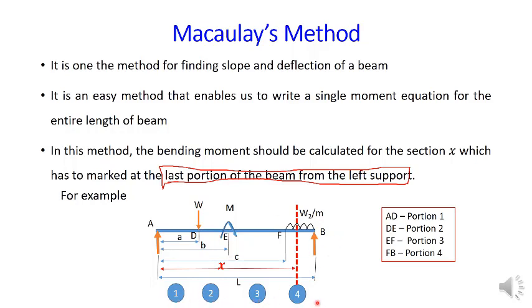So whatever beam is given in the problem, it has to be split into different portions by assigning a name at the point of application of each load on the beam.